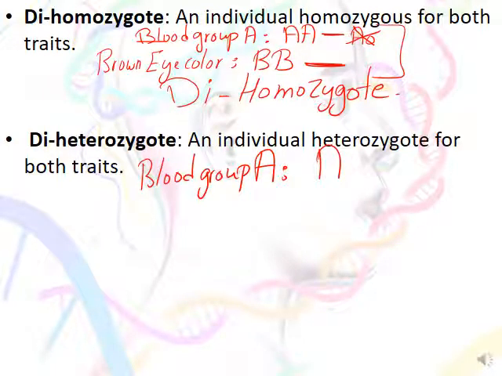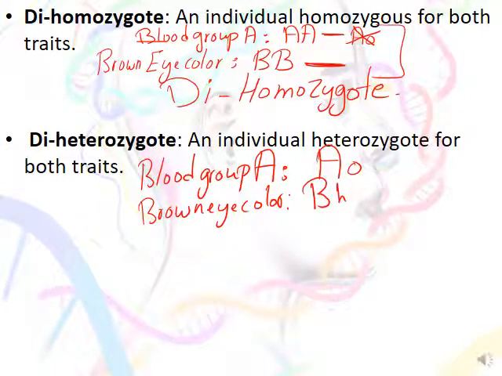No. AB? No, since it's blood group AB. So it should be A and O. For the brown eye color, if it's heterozygous, it's going to be B capital and, let's say, hazel, for example, B and H. So it's heterozygous for both traits. So it's said to be diheterozygous.